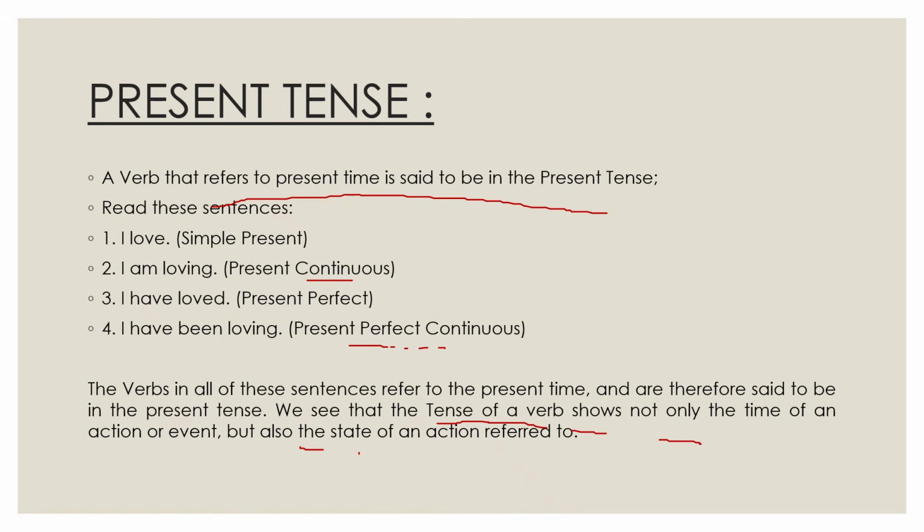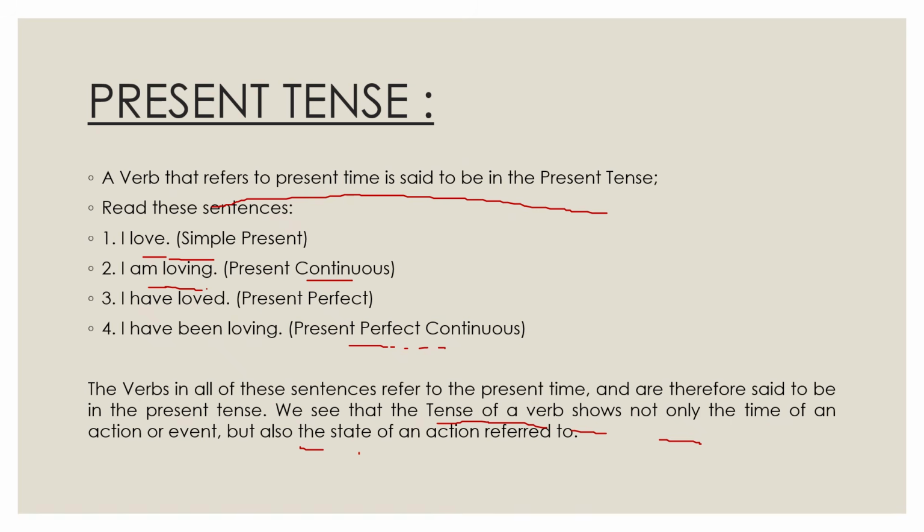Okay, present tense. As you can see here in the first example, I love, it is simple present. That means a basic nature or something that just happens every day. You love your pet dog, you love your parents, that is I love. I am loving, which is present continuous, that means which is happening right now.